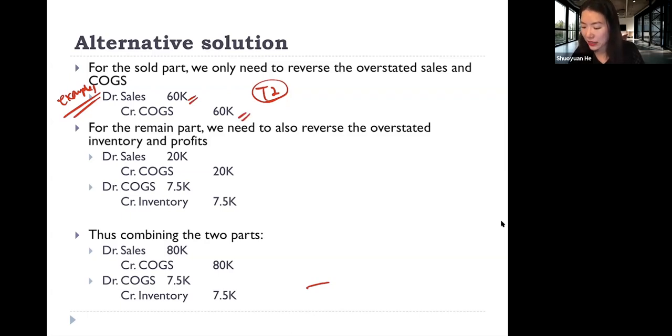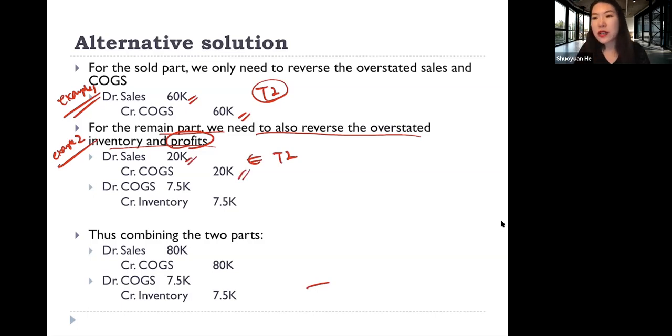And for the example 2 part, the remaining part, if none has been sold, we need not only to reverse the overstated sales, we also need to reverse the overstated profit associated with that inventory. So this is the TI for the second one. We need to first reverse the overstated sales, which is 20,000. And then we need to reverse the overstated profit, which is 7.5 thousand.